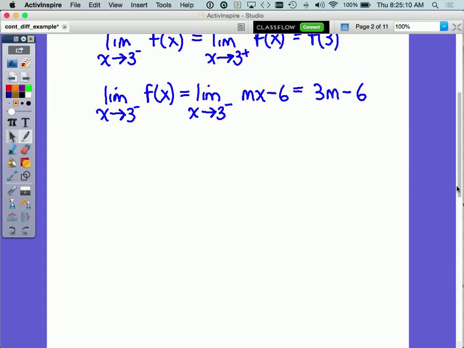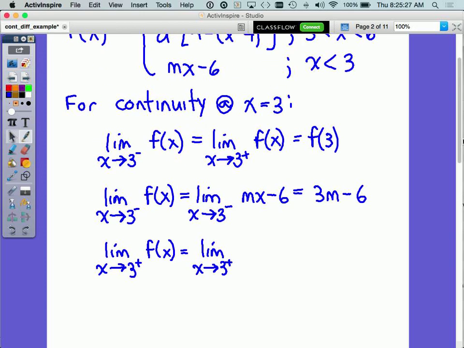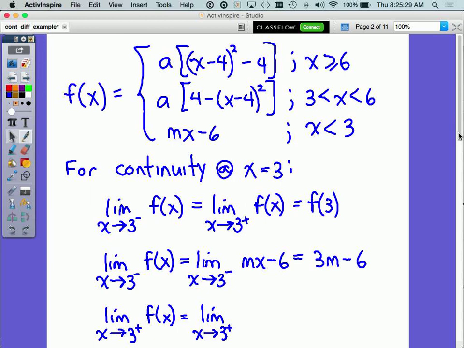Now I need to do the same thing for the right limit. So I want to see what is the limit as x approaches 3 from the right of f of x, and that's going to equal the limit as x approaches 3 from the right of which function? Well, as I'm approaching 3 from numbers bigger than 3, I can see I'm going to be on this piece, a little to the right of 3.